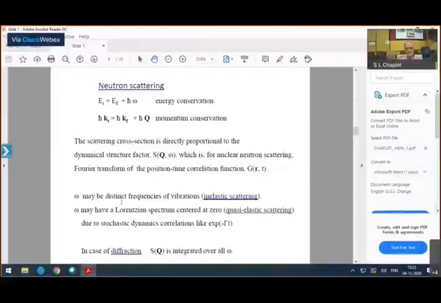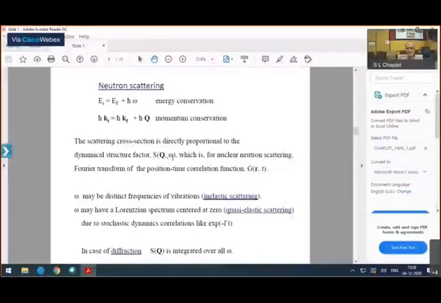And this scattering cross-section, as we just said, is directly proportional to the dynamical structure factor. Now, for this dynamical structure factor, particularly not for the magnetic part, but for the nuclear neutron scattering, as you already know, neutrons principally scatter from nuclei besides the magnetism of the orbital electrons. So the nuclear part, the Fourier transform of this quantity is essentially a position time correlation function.